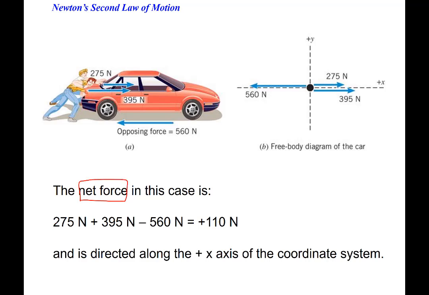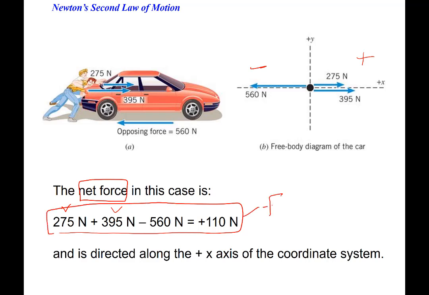And you see, because this direction is positive, this direction is negative, 275 and 395 are acting in the positive direction, while 560 is acting in the negative x direction. That is why we chose it as minus, and the sum of all of them then counts as net force.